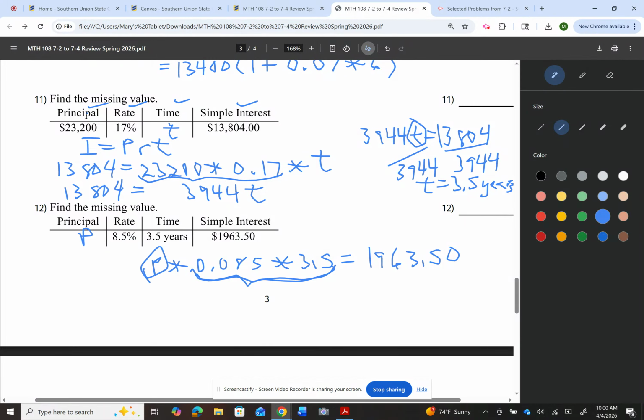That means you're figuring out how much you would have to invest today so that you would earn $1,963.50 in interest after 3.5 years. It's a question that you might be interested sometime in figuring out.